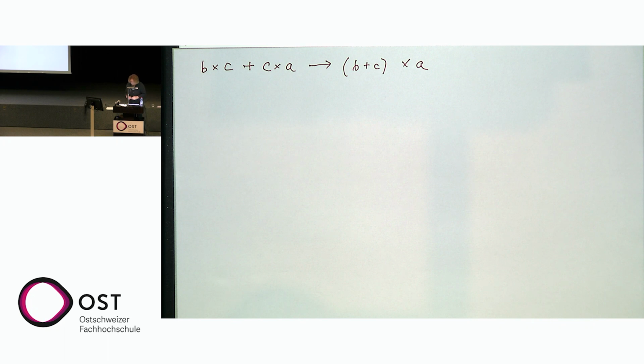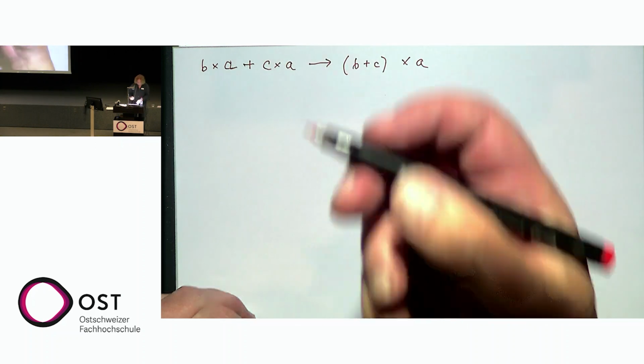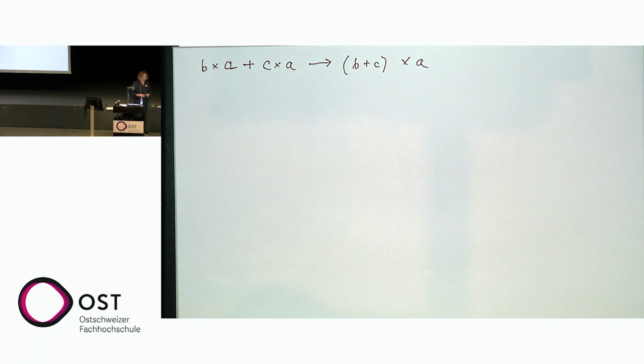Did I write it wrong? Oh, okay. B times A, C times A. I think this is A, right? Sorry. Yeah. Okay.